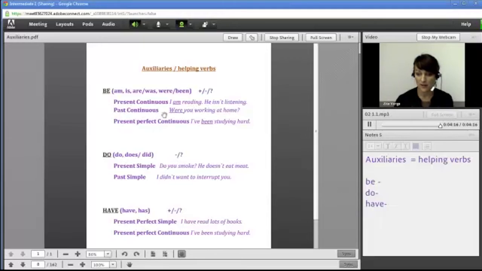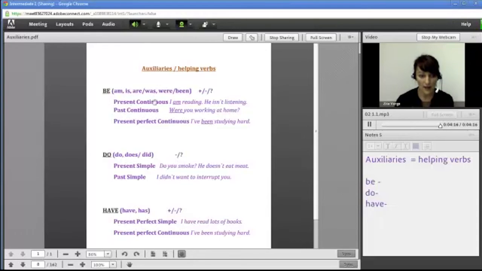Same in the past continuous. The past form of be is used, was or were, and they are always used. They're used in positive, in negative sentences, and in questions. Same in the present perfect continuous. So I have been studying hard, so the past participle of verb to be is used here.